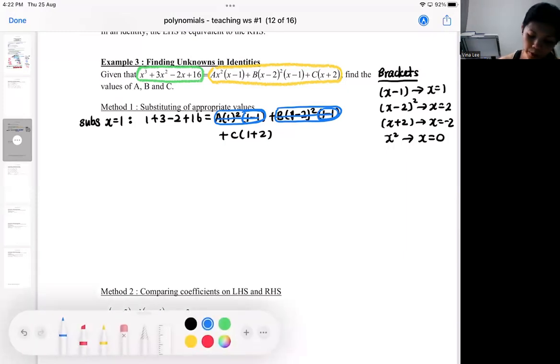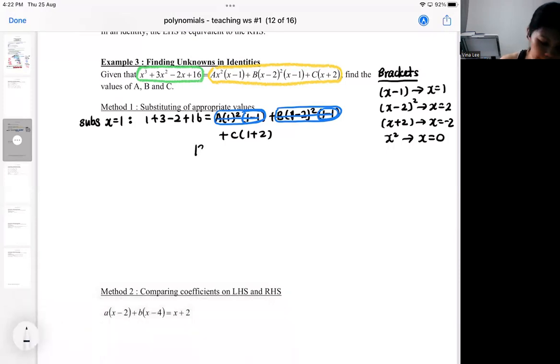So what are you actually left with? You are left with 18 equal to 3c. So I found the value of c. Now that I sub one value and I already got one unknown, I can sub another value.